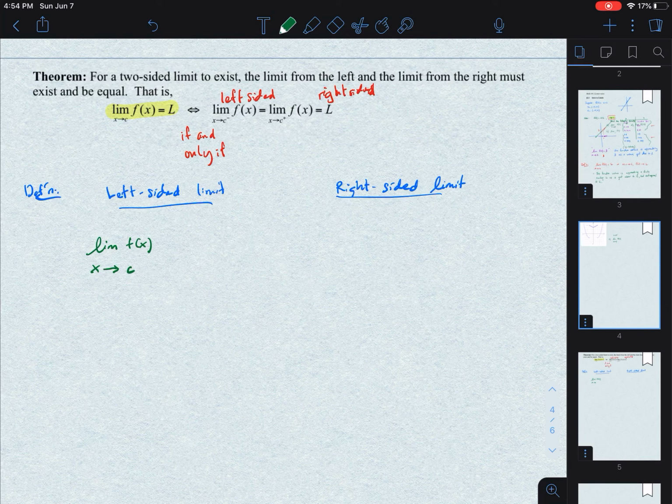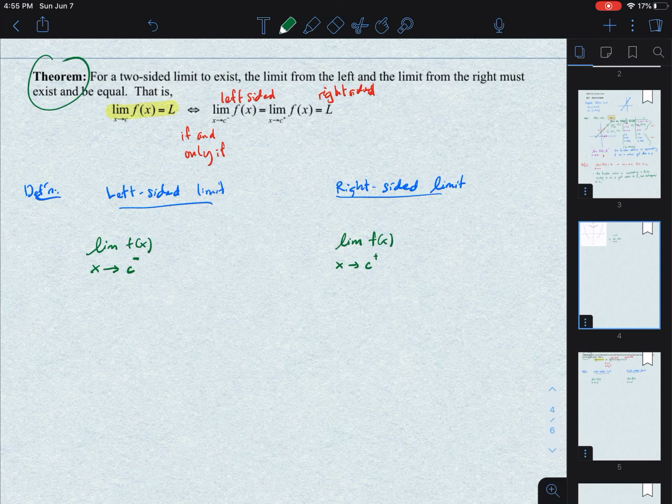If we're looking at the left-side limit, it approaches from the left side of c, and for the right side, the notation is a superscript plus above the c.